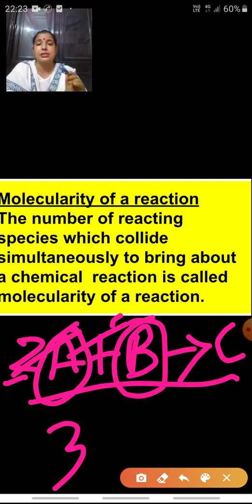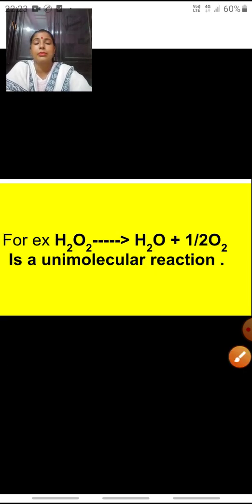Order is the rate. Order is determined from the slowest step, while molecularity is separate for separate steps, but all are actually telling how many molecules are undergoing collision. Now see an example. H2O2, that is hydrogen peroxide, converts into water plus half O2, is a unimolecular reaction.